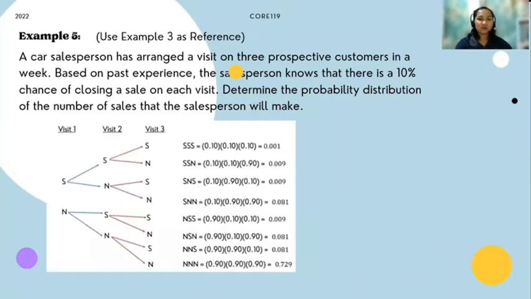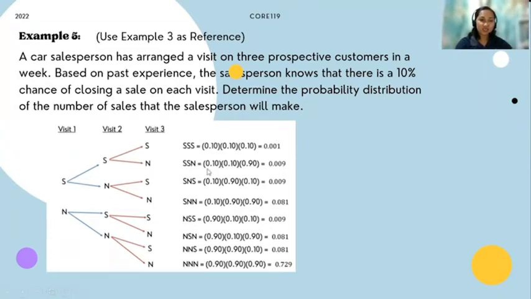Okay, so if we assign percentages for the successful and not successful sales, for sale, sale, and sale, that is the product of 10%, another 10%, and 10%. So SSS will be 0.1 times 0.1 times 0.1, that is 0.001.